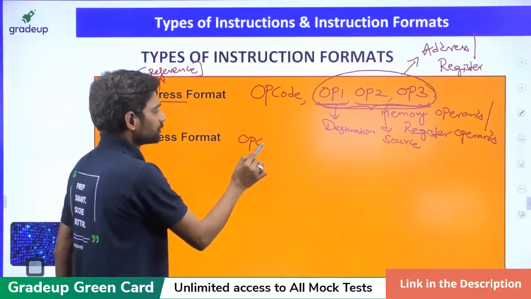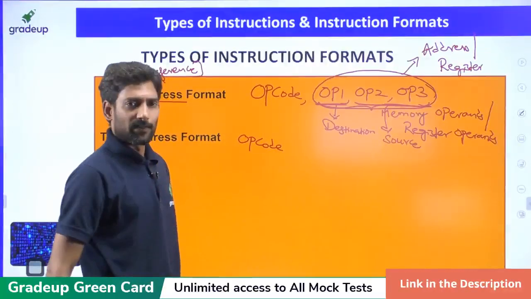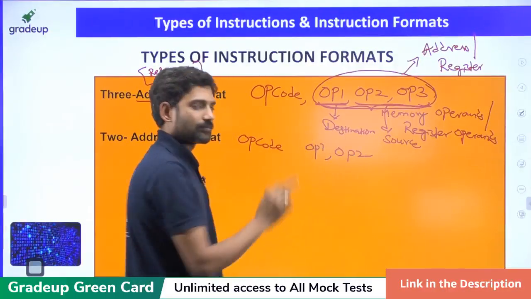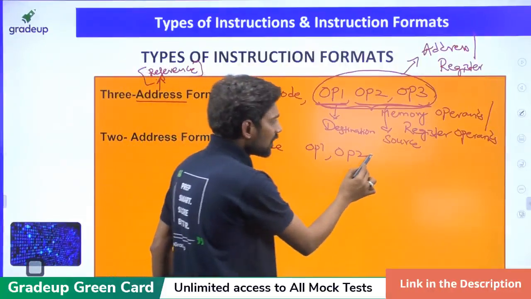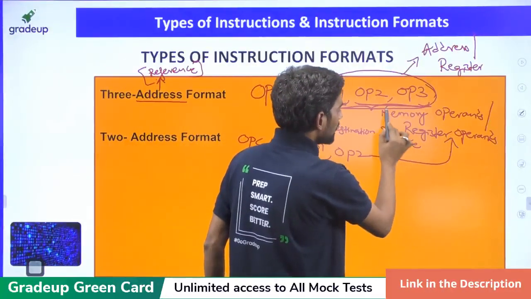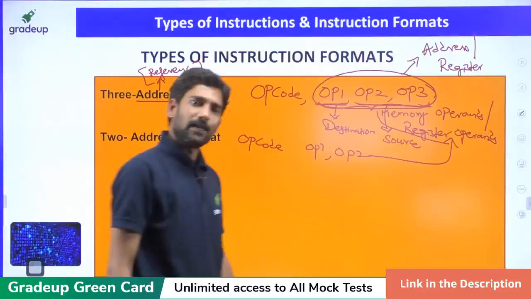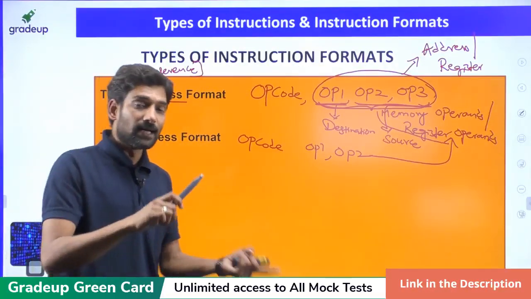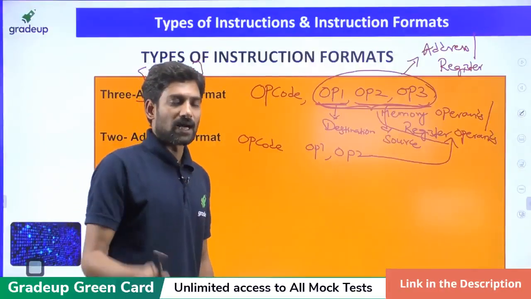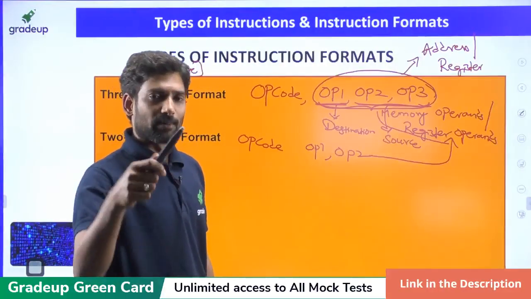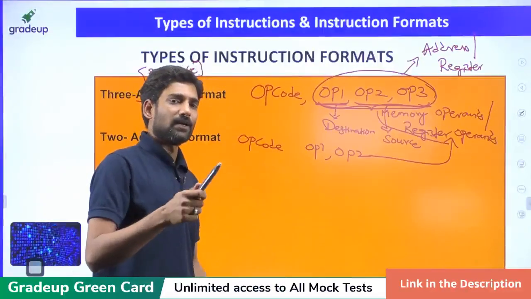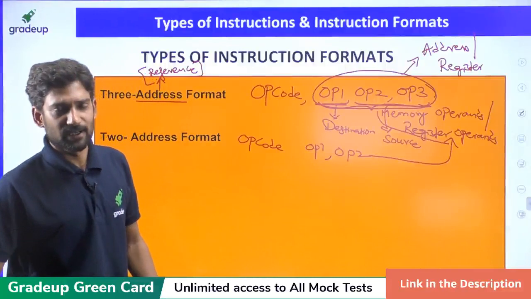Okay? And the next is 2 address format. That means followed by opcode you will have 2 operands. These operands also can be either memory operands or register operands. Either or, not both. You can't mix. Like one memory operand and one register operand is not allowed. Either memory operands or register operands only are allowed.